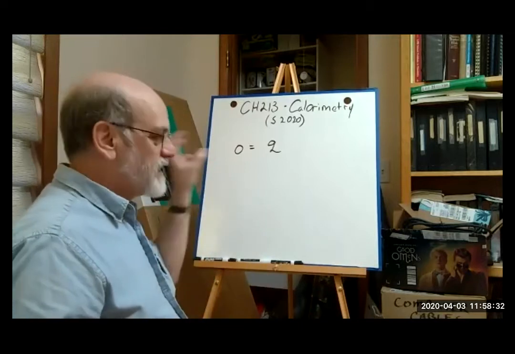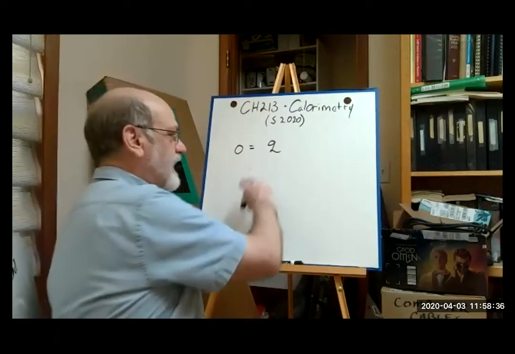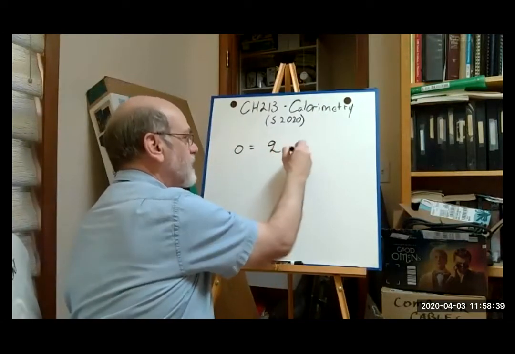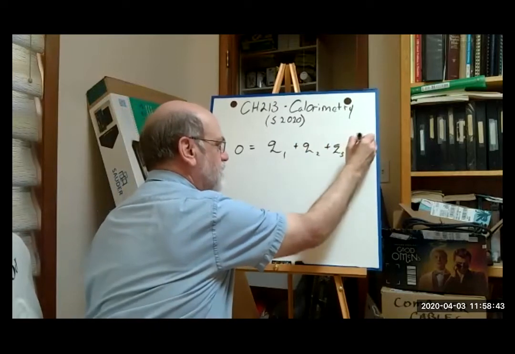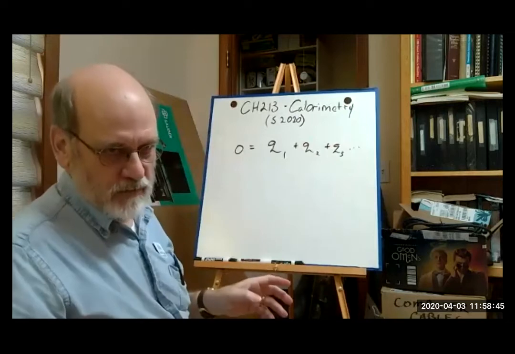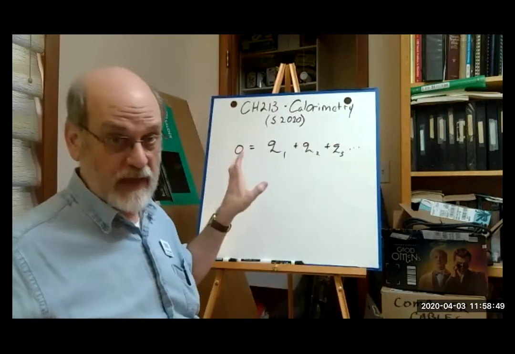So everything that happens inside the calorimeter has to add up to 0. So any change that happens here, or any other change, they all have to add up to 0. Okay? That's fundamental to the operation of the calorimeter.